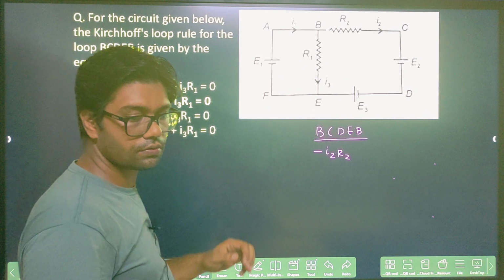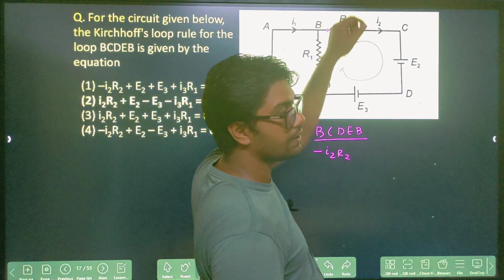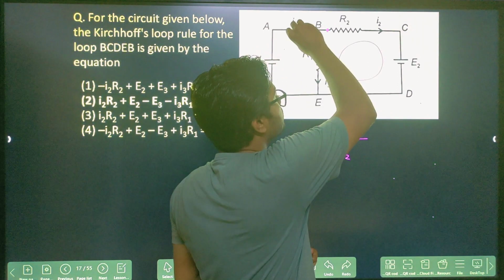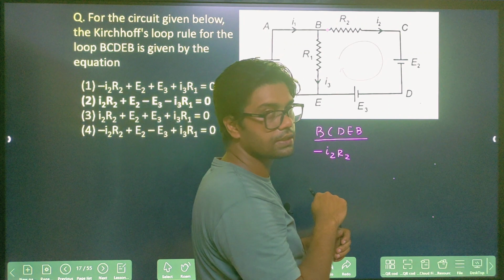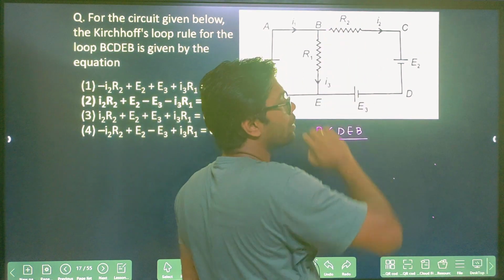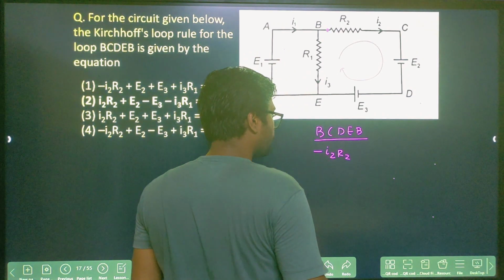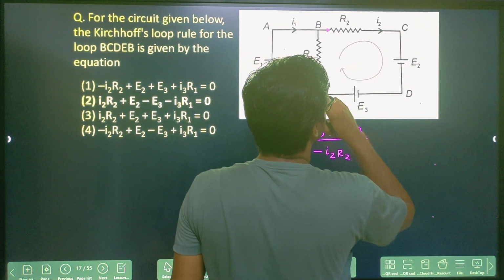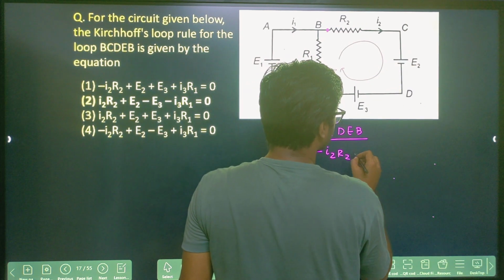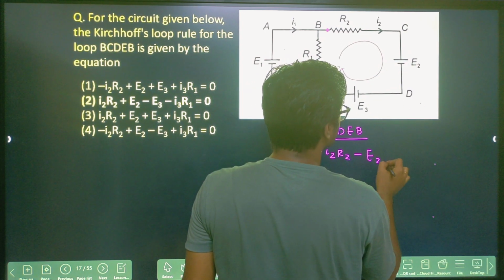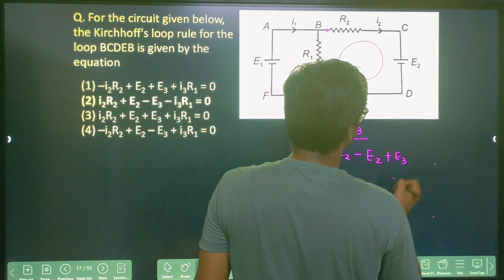The direction of the current is the same as the loop I am taking. So there will be a drop in potential, that will be I2 R2. Here it is positive to negative, that means there is a drop in potential. Here it is negative to positive, that means there is a rise in potential.